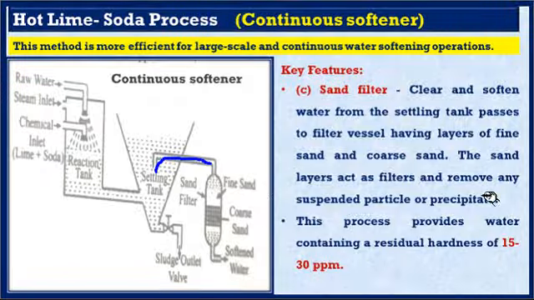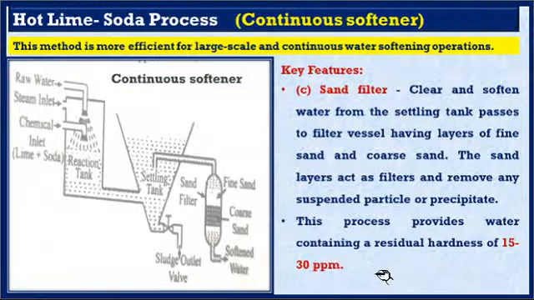The sand layers act as filters and remove any suspended particles or precipitate. From this sand filter, at the bottom we obtain the softened filtered water, which is free from any type of precipitate or particle impurities.